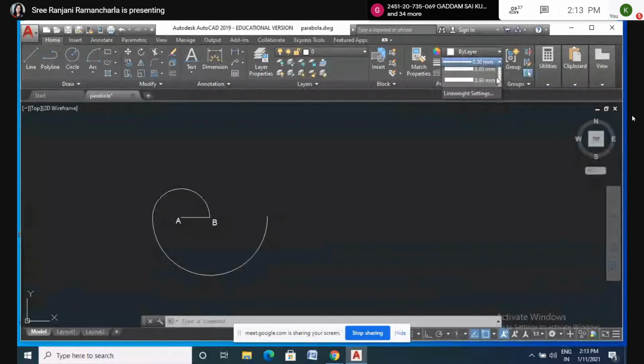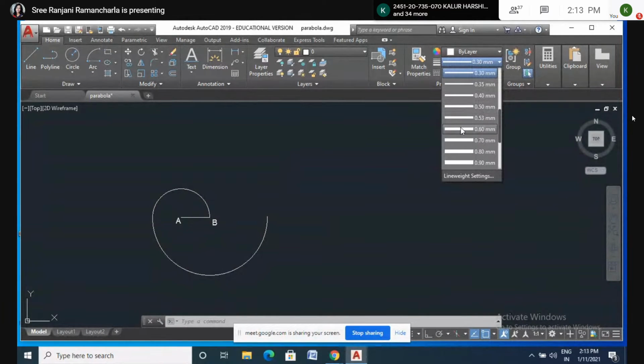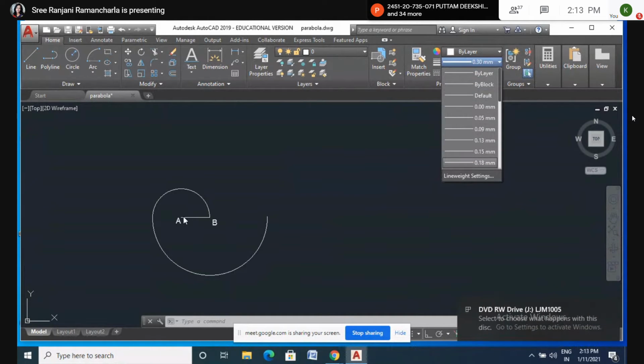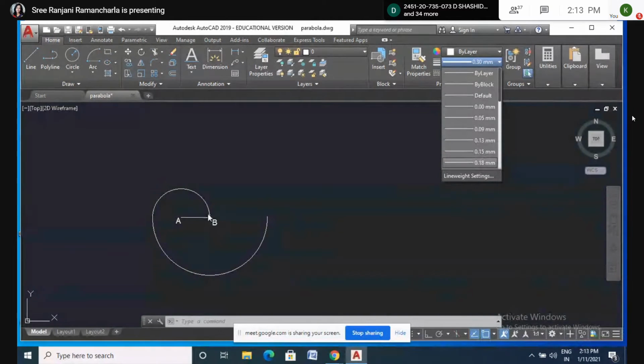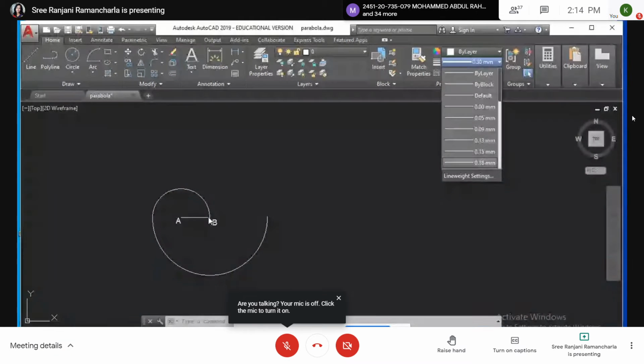Now this is the involute of a line. One string is wound around line AB like this. So when we unwind that string, how will be the path of the end point of the string? For example, if a circular plate is there and we wind one string around the circular plate, when we unwind that string, how will be the path of that end point?